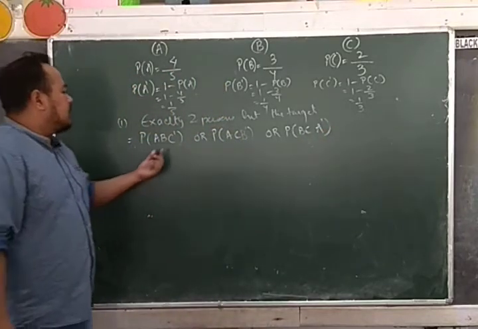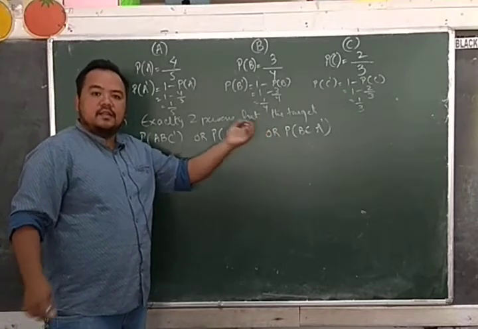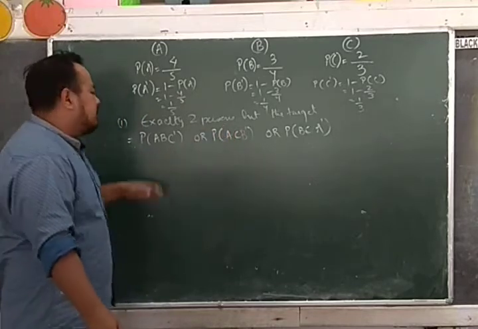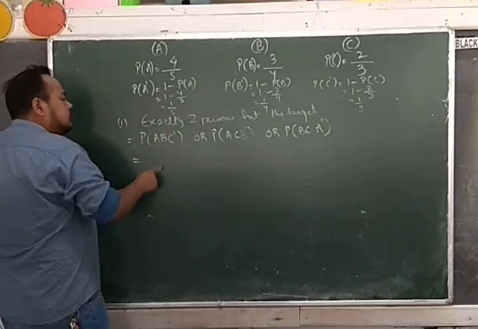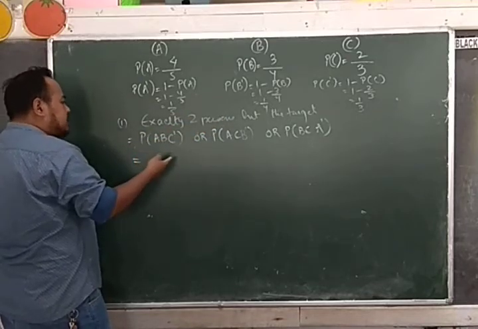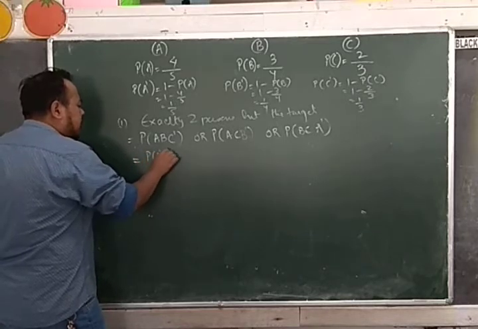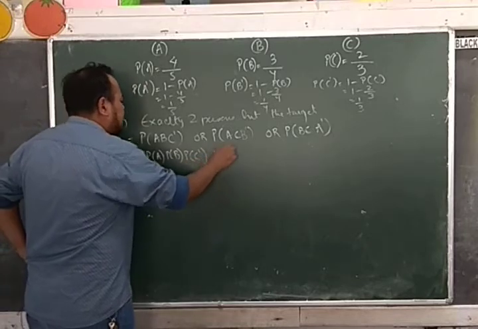So either C misses, or B misses, or A misses. Since they are hitting it together, we have to write it together. Dot means multiplication, and since they are independent events, we multiply. So this becomes the probability of A into the probability of B into the probability of C dash, and OR means plus.